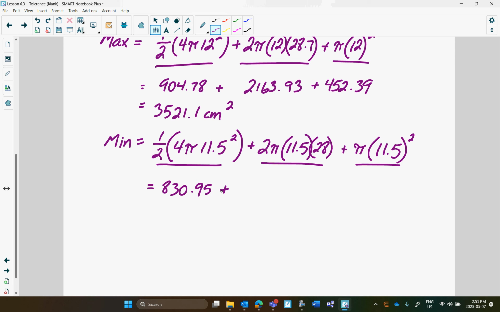I got 830.95. And what did you get? I did 11 squared instead of 11.5. Oh.